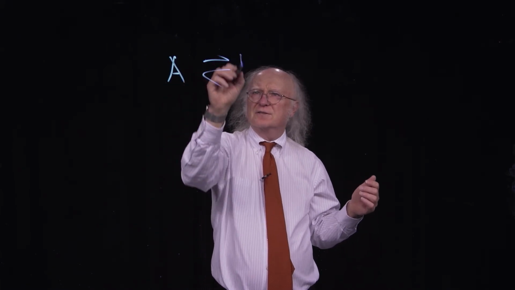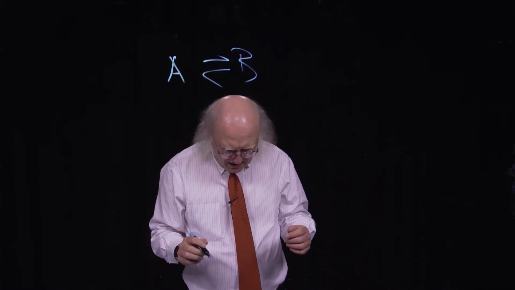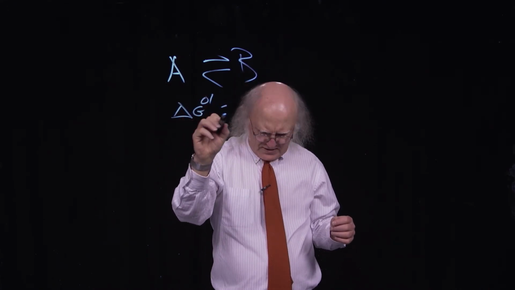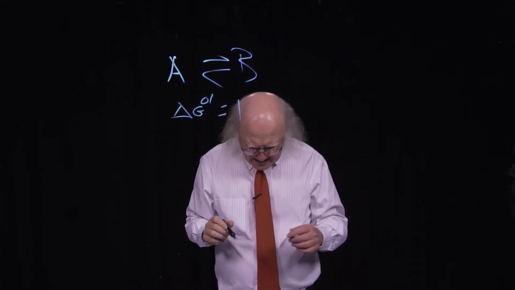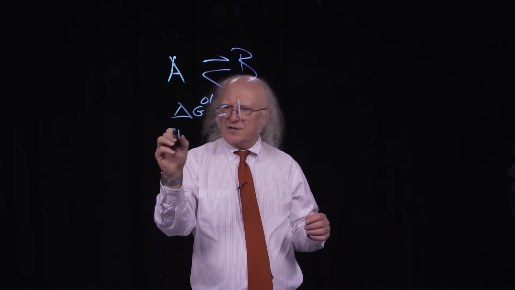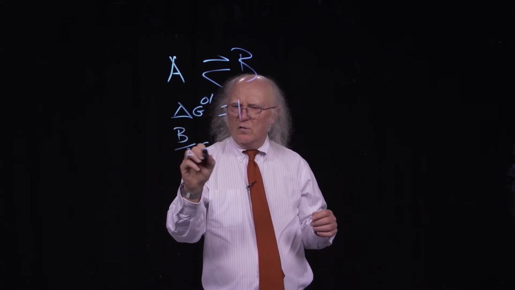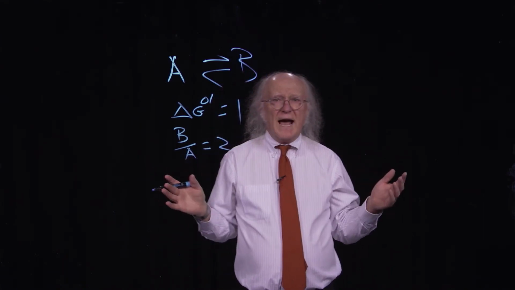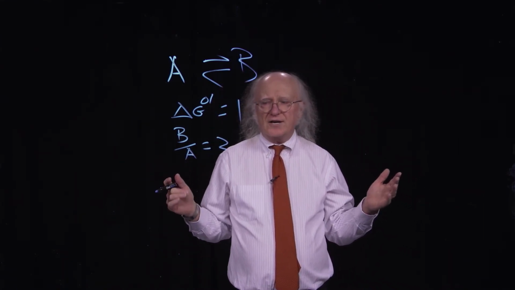The last question says that a reaction A goes to B, my favorite reactions, has delta G 0 prime equal to 1 and has twice as much B over A. The question says, which direction will this reaction go?